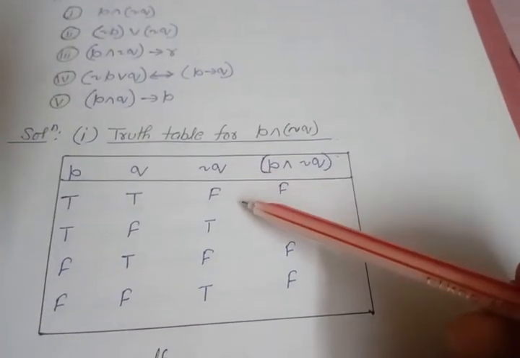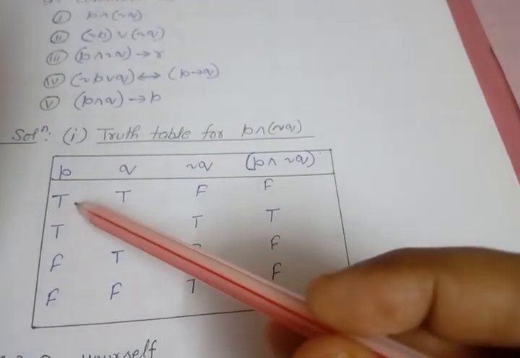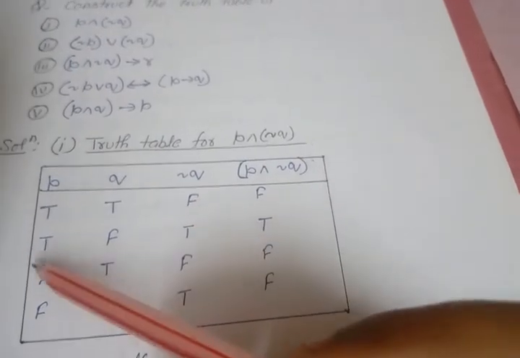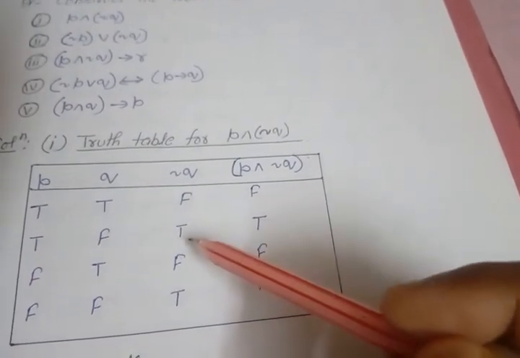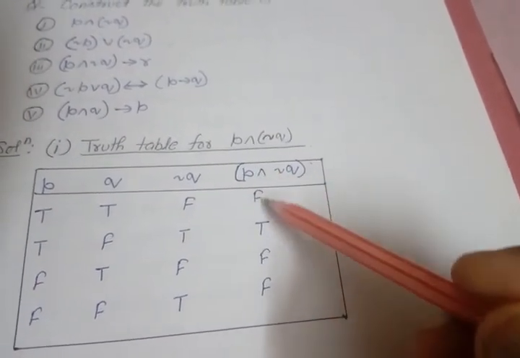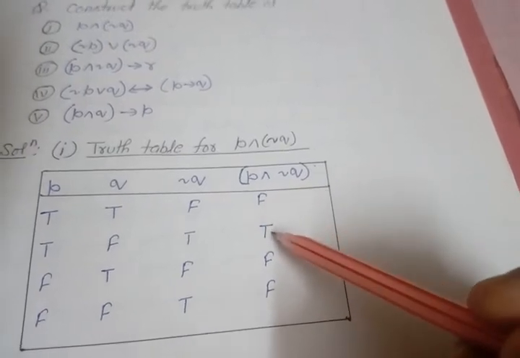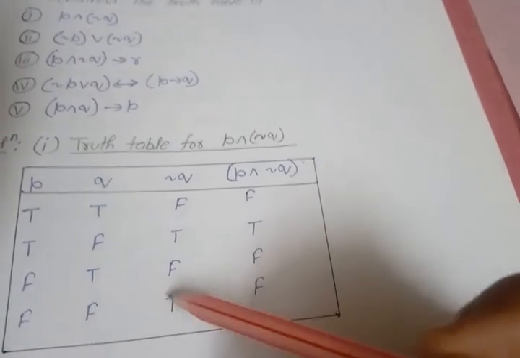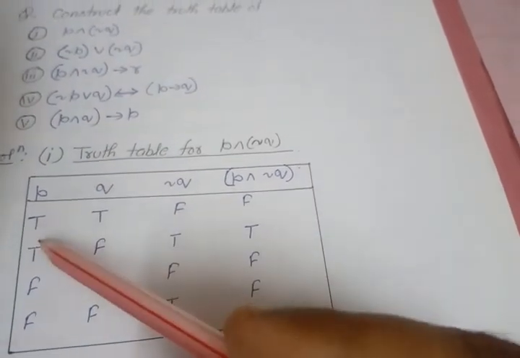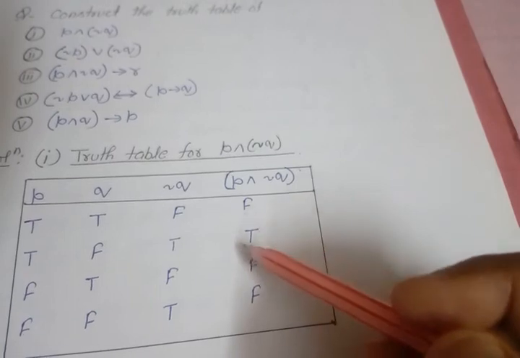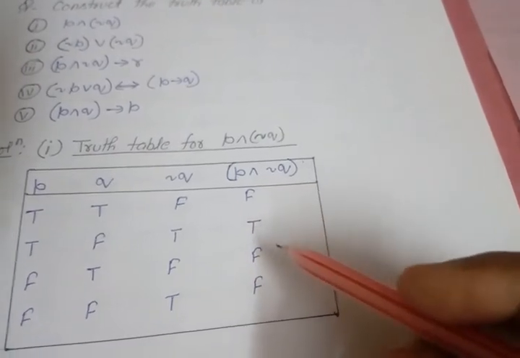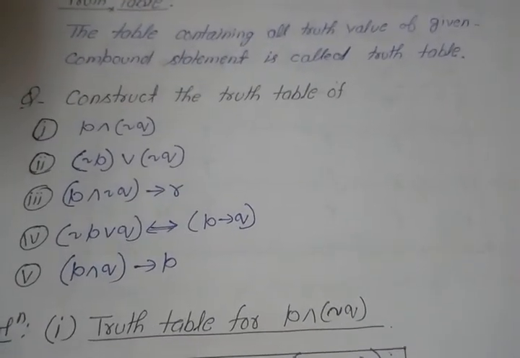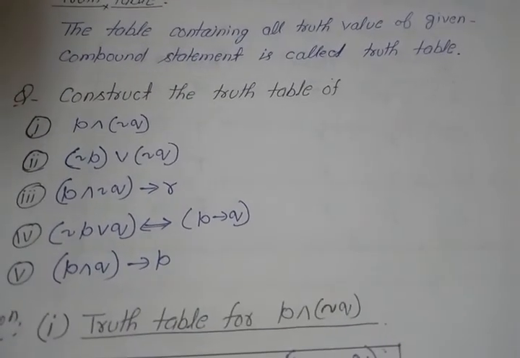Now we observe it from the table. The value of P is T, here it is F, here it is T. The second value is T. For this case, the composite value of P conjunction negation of Q will be T, and we will not find another pair TT from the first column and the third column. So only the second value will be true and all other values will be F. In this way we can construct the truth tables for all other problems.